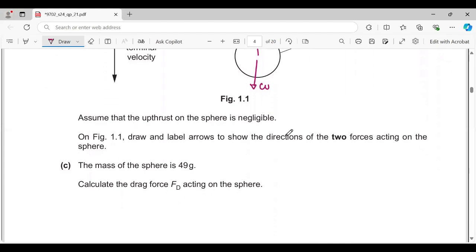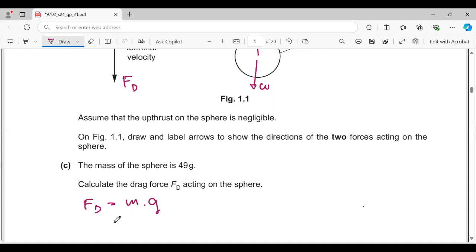Assume that the mass of the sphere is 49 grams. Calculate the drag force. The drag force equals m times g.